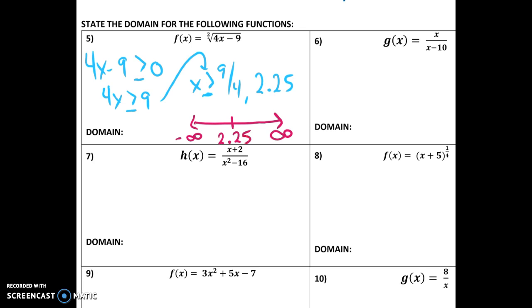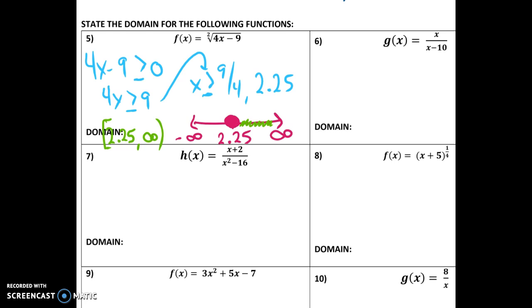And I can pick any number that's 2.25 or bigger, so I make a circle and I close it, and then it can be bigger than 2.25, so this side. So when you look at the picture, we're starting at 2.25, we're going to the right to infinity, and so that's how we're going to write our domain. We're going to put a bracket first to show that we want to include 2.25, and then we're going to put a comma with infinities, and this is how we'll be writing our domain.